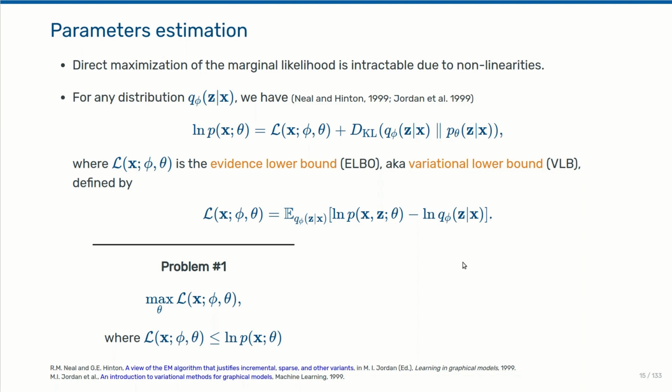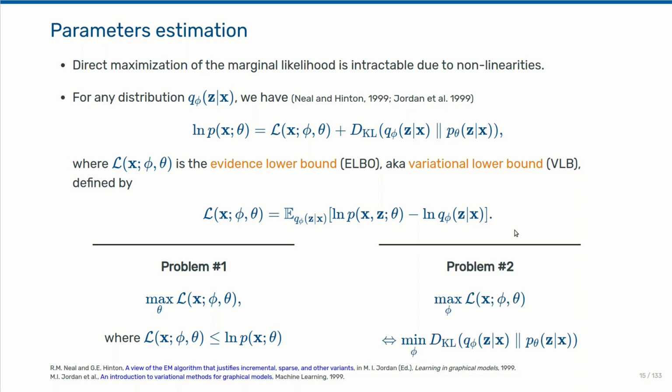While maximizing with respect to the parameters of the decoder, we are pushing a lower bound on the log likelihood, and then hopefully as soon as this lower bound becomes tight, we are pushing as well the log likelihood, which is our initial objective.